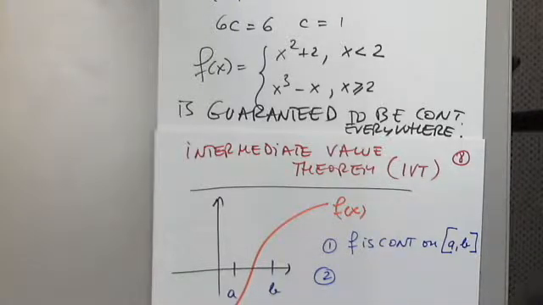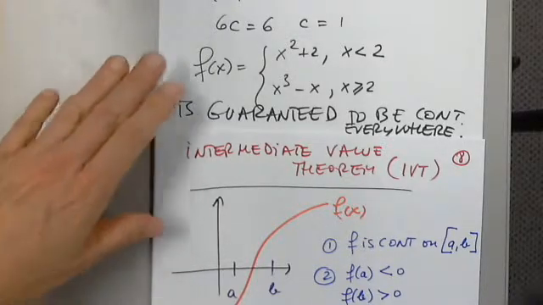Question number 2, will you say that f(a) from my graph is less than 0 and f(b) is greater than 0? I can have the situation reversed, right? I could have graphed a function like this. It doesn't matter, really, for the purpose of what we're looking at right now.